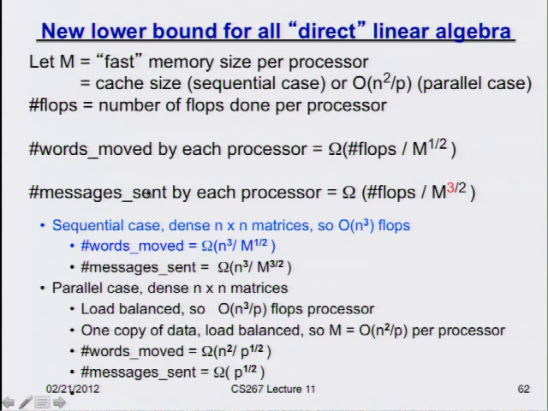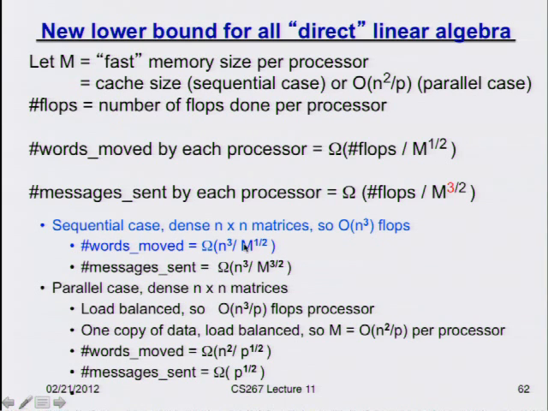The other metric is, how many messages do I send? Well, you take the number of words and you divide by the largest possible message. The largest possible message is your whole memory, so that's a factor of m smaller. But all the work is really just in this. Why is it that I can't possibly do better than the amount of arithmetic divided by the square root of my local memory size? That's what I wanted to prove.